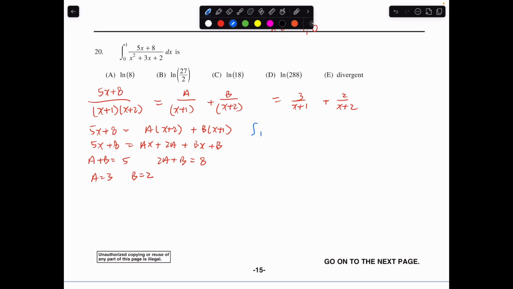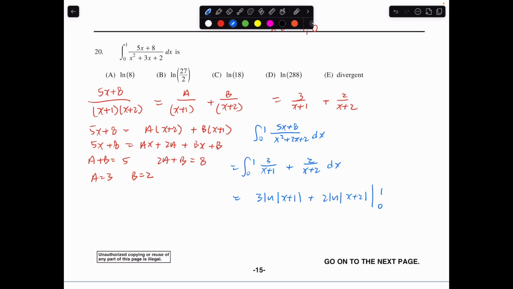So the integral from 0 to 1 of this function, (5x plus 8) over (x squared plus 3x plus 2) dx, is the integral from 0 to 1 of 3 over x plus 1 plus 2 over x plus 2 dx. So the antiderivative of this is just 3 ln(x plus 1) plus 2 ln(x plus 2), and then I'm evaluating this from 0 to 1.